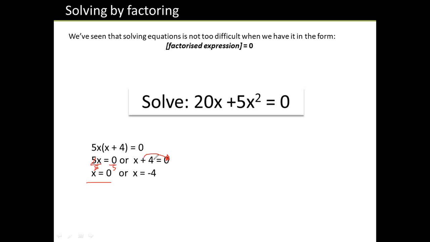Or simply we can subtract 4 here and then subtract 4 also. So these are now the values of the unknown. So those are now the roots of the equation.